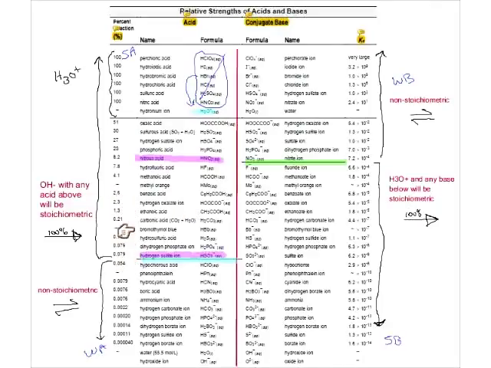Okay, that one's above the line this time. So acetic acid is sufficiently strong enough to totally react with the hydroxide because it's above that line right there.